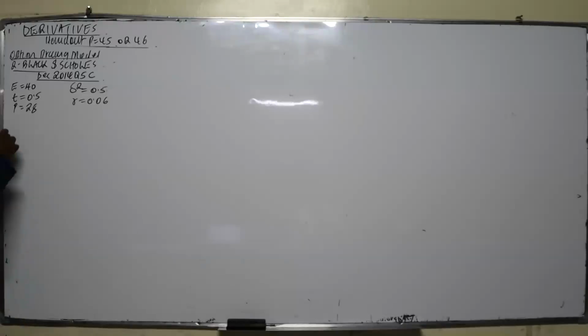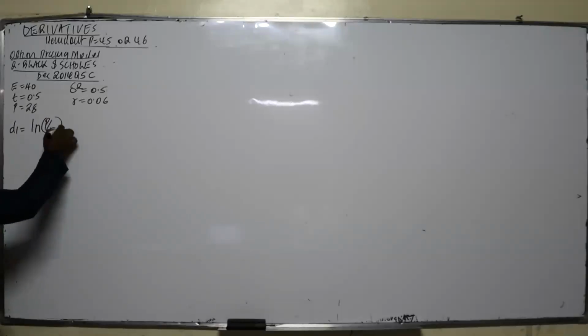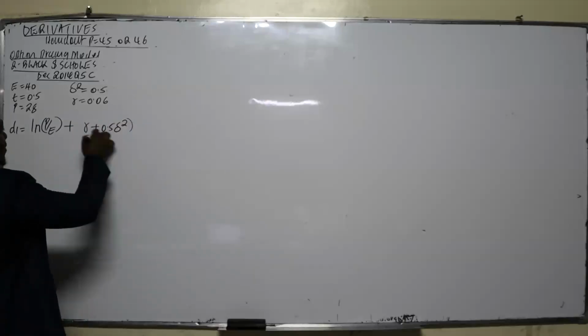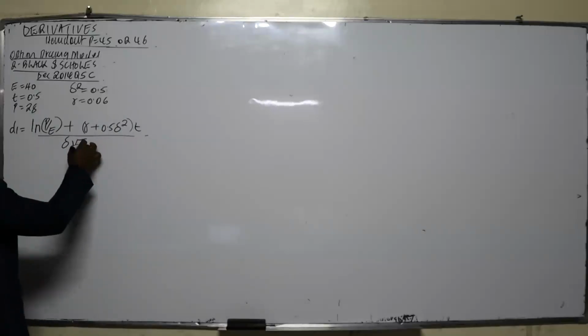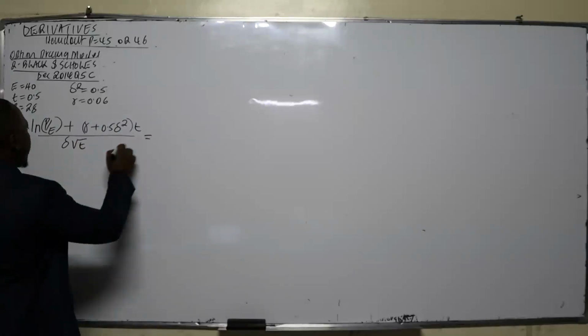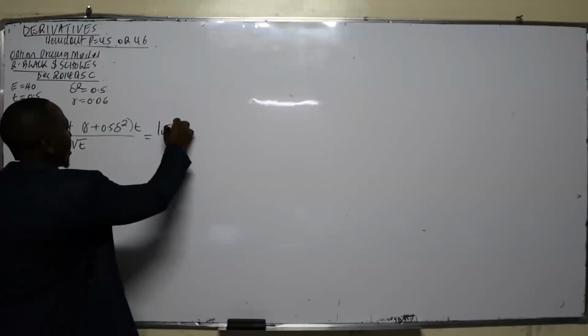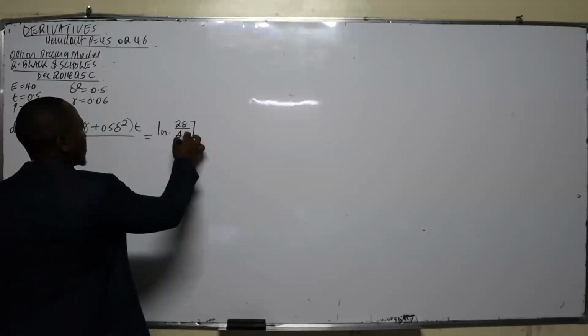You need to get d1, which is the natural log of P over E, plus the risk-free rate plus a half of standard deviation squared times T, all divided by standard deviation times the square root of T. We have P as 28 and E as 40.